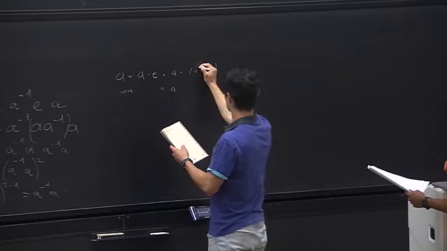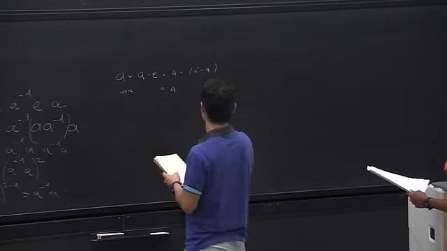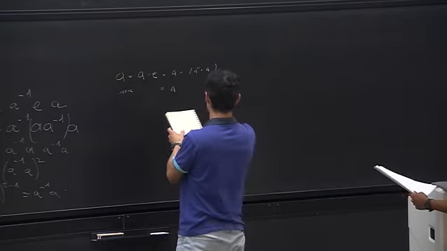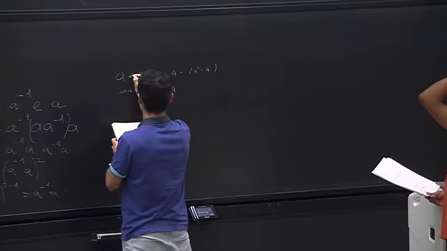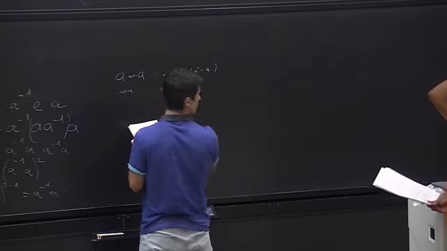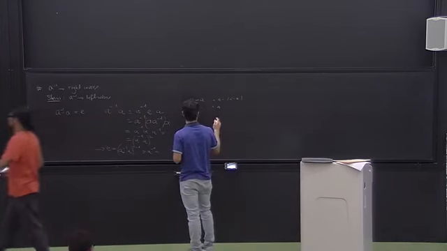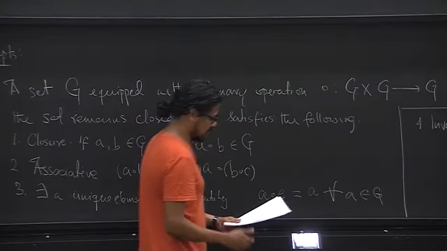But you're already assuming that you can put the E first. That's something that we are assuming, that the E is a right identity.